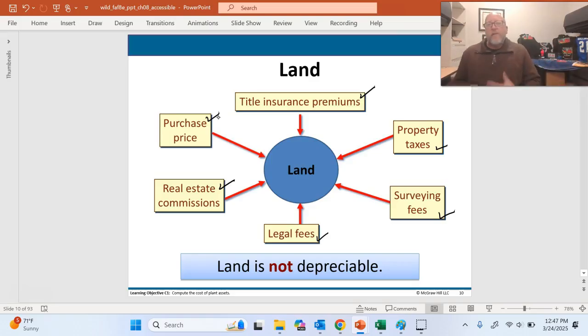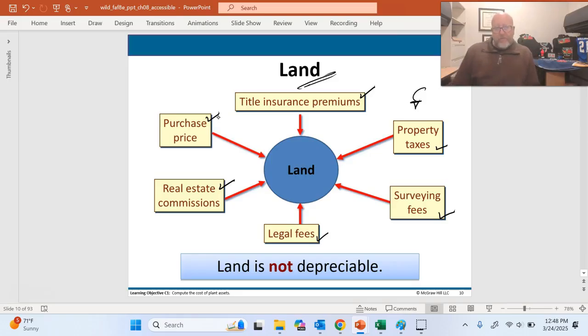And if you acquire land and somebody hasn't paid the property taxes, you might have to pay back taxes. If you pay those at the time of acquisition, those would get included in the cost of land.